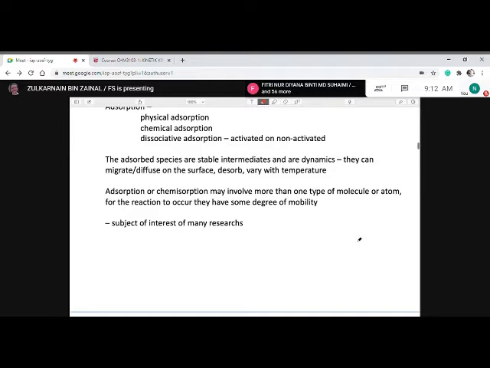Mix, and they adsorb molecules on the surface, right? So the adsorbed molecules on the surface are dynamic, they don't stay there. They can diffuse from one place to another to find the right site to form a bond with the substrate.